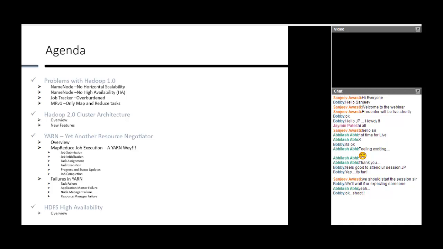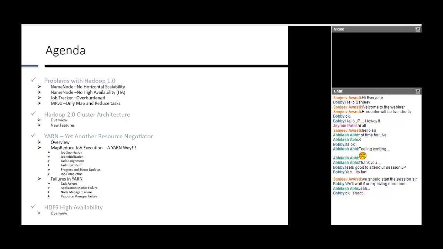Once we understand that, we will get into the Hadoop 2.0 cluster architecture, and we will see what differences have been made in that cluster. After that, we will get into the YARN architecture. I know that all of you would have heard about this buzzword YARN, and YARN is a very famous buzzword.